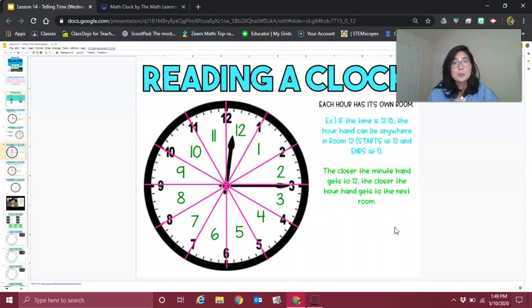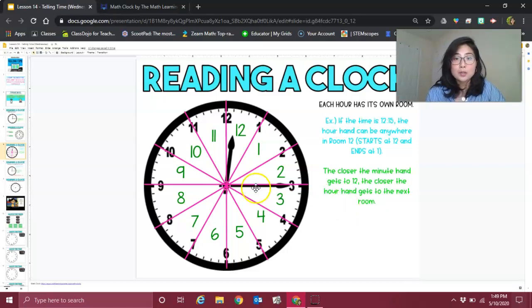Now this is really important, friends, so listen up. The closer the minute hand gets to 12, the closer the hour hand gets to the next room.